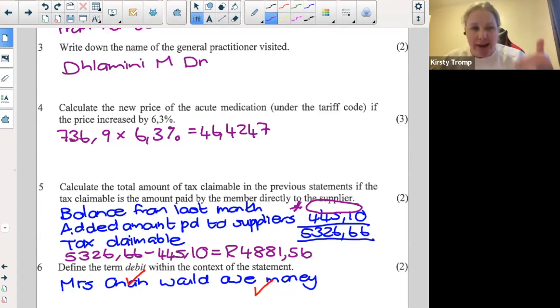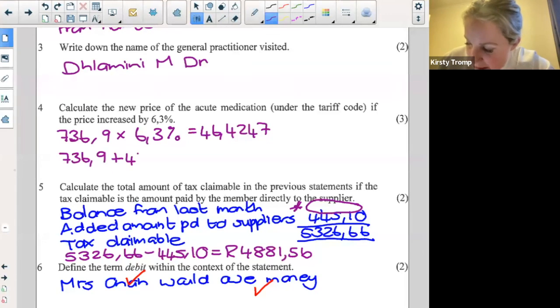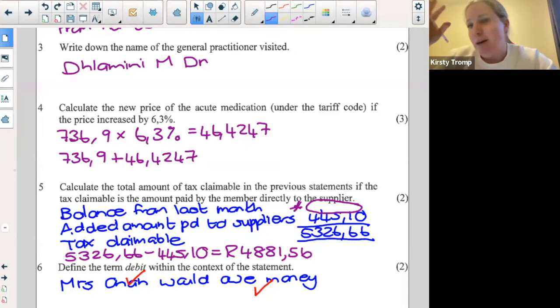It's increased by. So in maths, when something is increased by 6.3%, it means that we then need to take that percentage and we need to add it to the original amount. Because it's kind of like when they say milk is going to increase by 5%, or tonight, petrol's increasing.